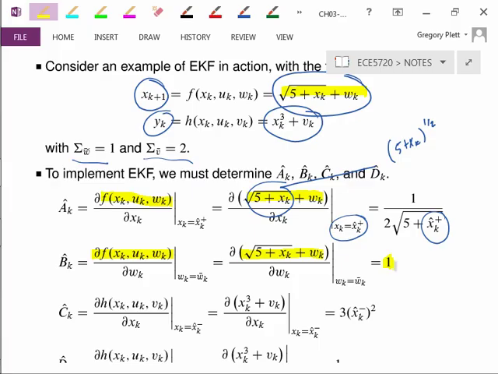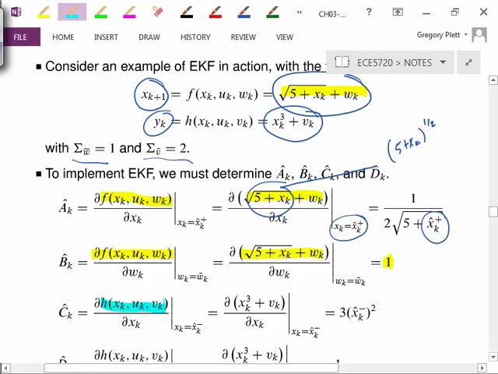The next thing is C hat, and C hat is the partial of h with respect to x, and h is this. We substitute in x cubed plus v, and taking the partial of x cubed with respect to x, we get 3x squared, and partial of v with respect to x, we get 0.